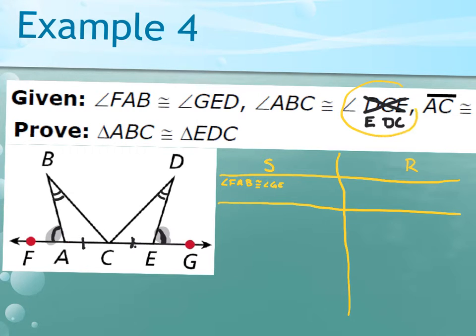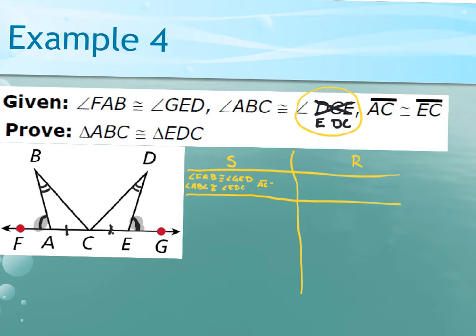Don't forget to change this, because I changed that. So that's what makes it all possible. Angle ABC congruent to angle EDC. And also line segment AC congruent to line segment EC. And all that is given.